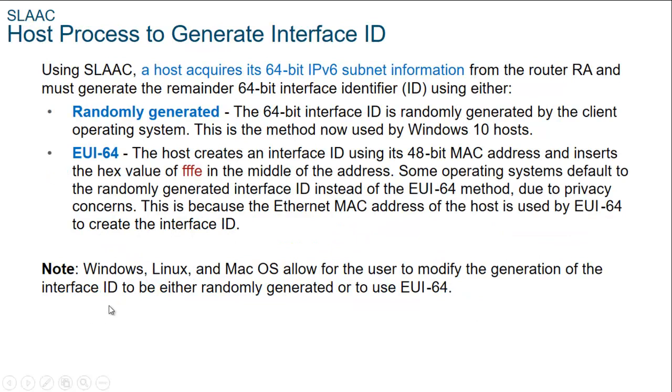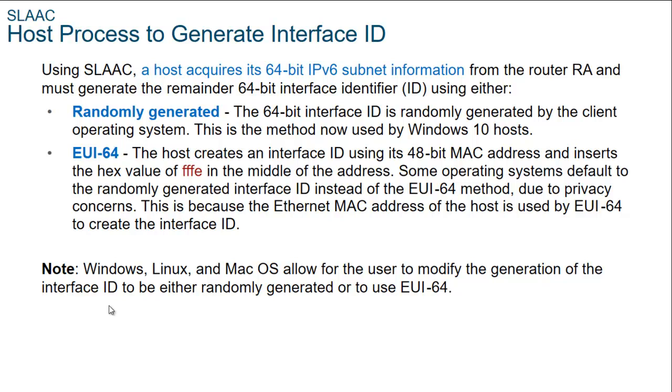Using SLAAC, a host acquires its 64-bit IPv6 subnet information from the router RA and must generate the remaining 64-bit interface ID using either randomly generated or EUI-64. In randomly generated, the 64-bit interface ID is randomly generated by the client operating system. This is the method now used by Windows 10 hosts.